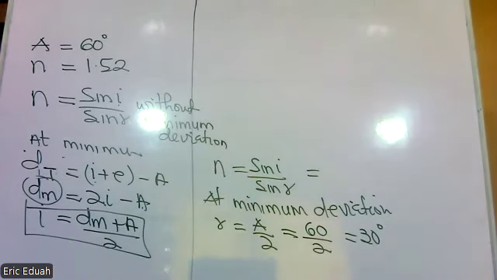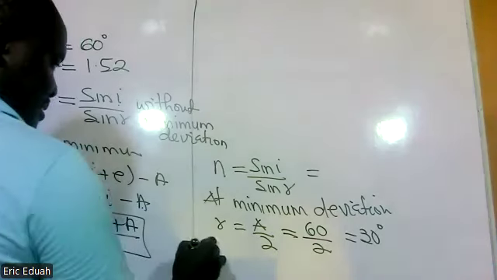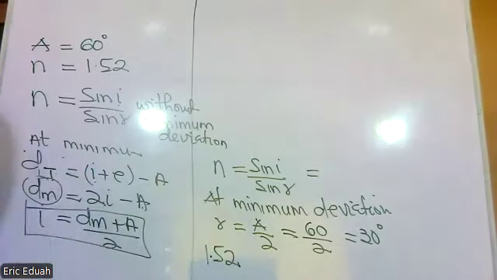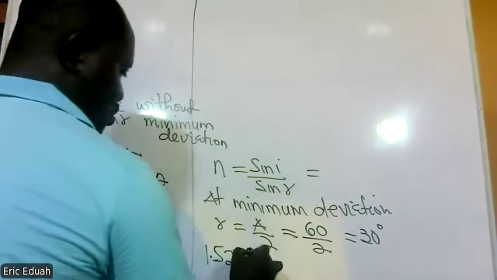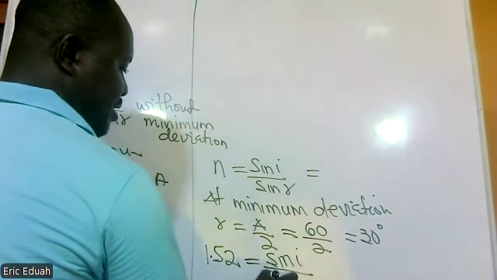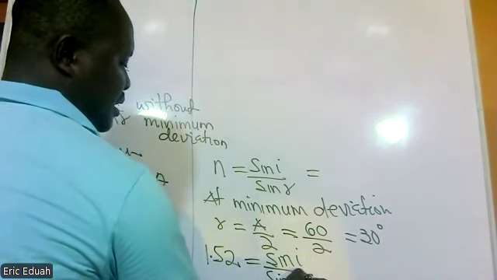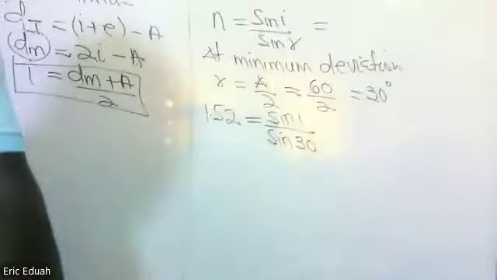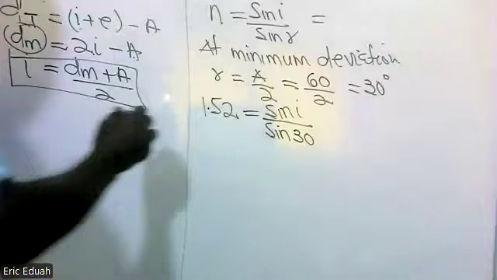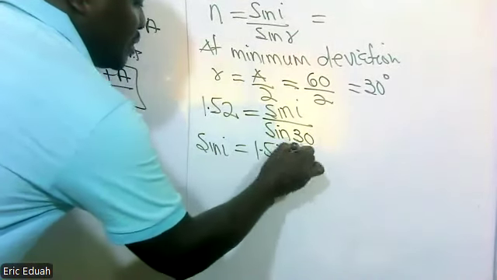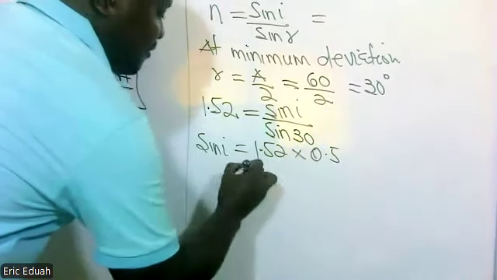So if R is 30, then 1.52, which is the refractive index of the prism, would be equal to sine I on sine of 30. Sine 30 is half. So sine I will be equal to 1.52 times 0.5.